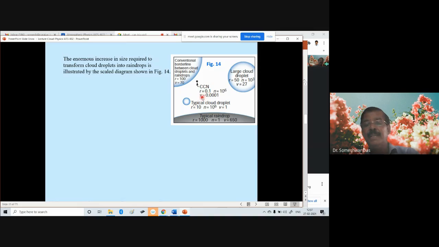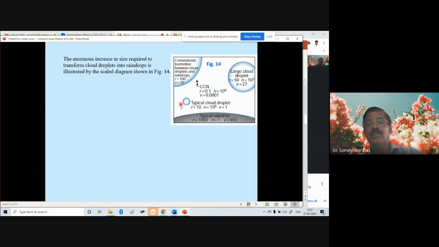And this V is the terminal velocity, 0.0001. Now from this CCN, after the growth of the water droplets, you see the typical size of the cloud droplet, scaled compared to this CCN size.